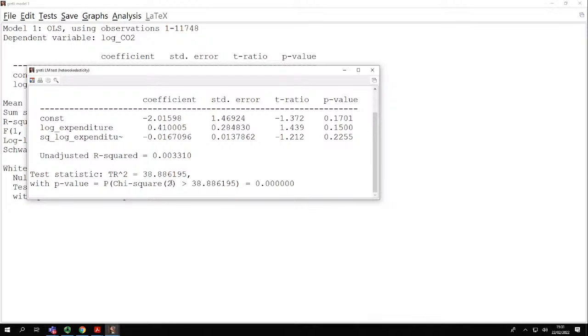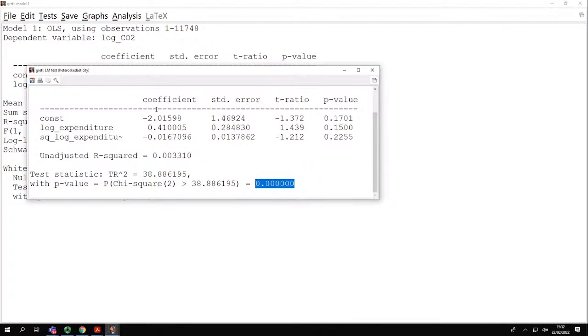We have to do some work, but for the moment, the mechanical rule is that the test statistic is 38.88 with a p-value of 0.0000, so the p-value is smaller than the tolerance level I fix before running the test, which is typically 5%, 0.05. So I reject the null hypothesis of homoscedasticity.